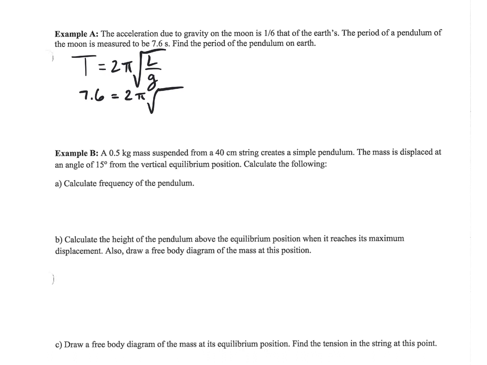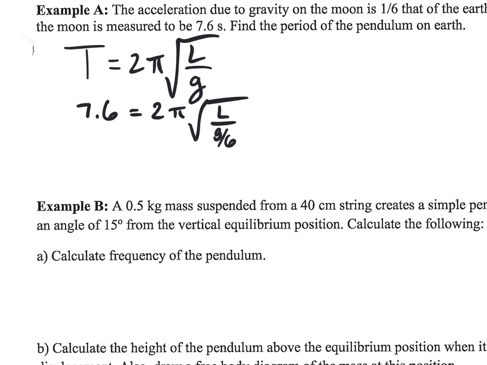And we don't know L, do we? Do we know g? We know it's 1/6 of g on Earth, don't we? So this would be g over 6. Do you agree? g over 6?